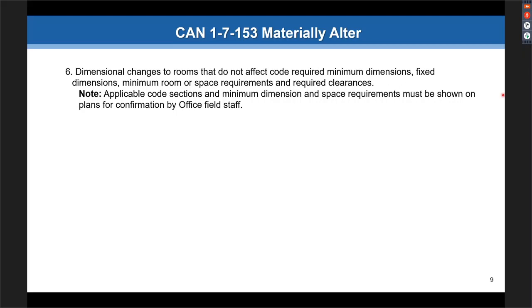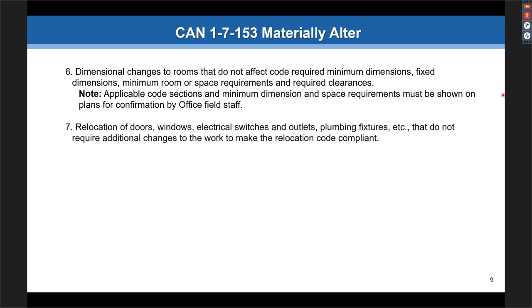But if you do have the dimensions shown, say you want to move a door over or move a wall, and it's not going to affect the code required minimum dimensions, like if a patient room has to be 120 square feet, it's not going to affect either side of that wall. That can be done as non-material. Okay. Note that applicable code sections and minimum dimensions and space requirements must be shown on the plans for confirmation. So you do need to provide drawings on this to show that you are complying with those code requirements.